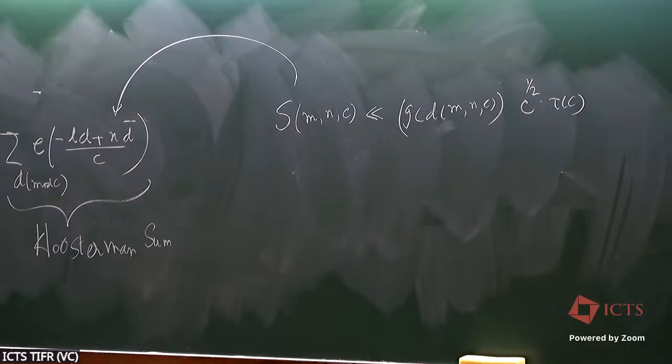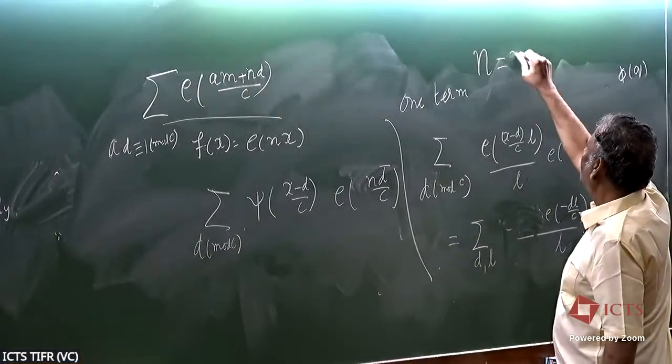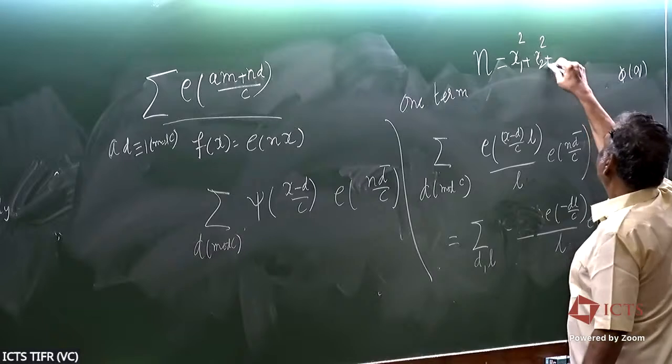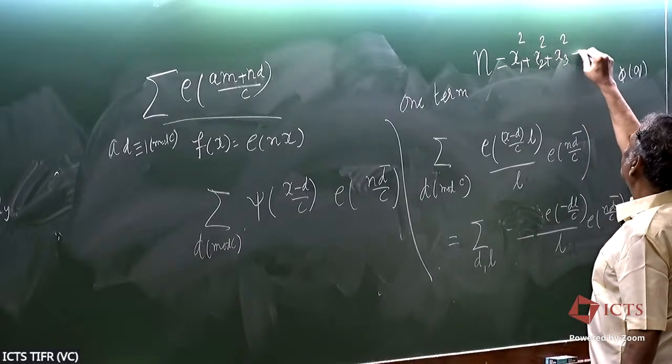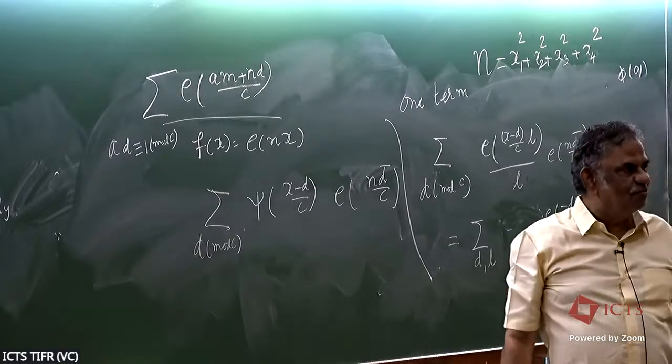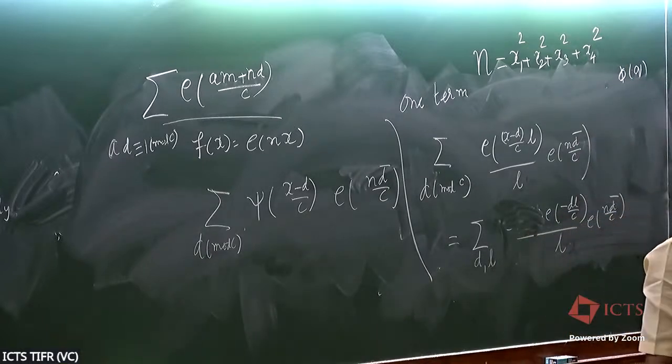Next lecture, you saw already the circle method, and you know the major arc, minor arc, and you also know that the minor arc is of a smaller order than the major arc, and therefore you get the representation. But if you are particularly interested in the following problem, n equal to x1 squared plus x2 squared plus x3 squared plus x4 squared, then you should use the standard circle method.